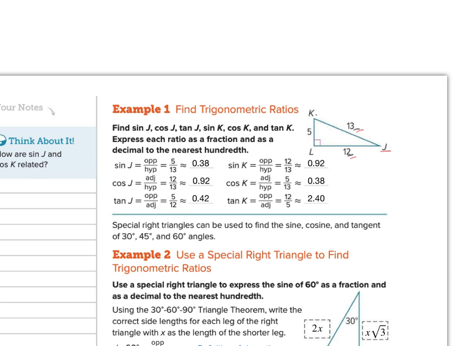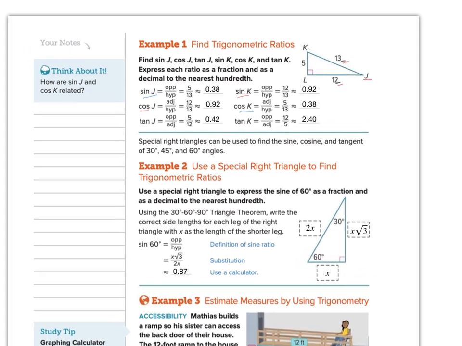So they're actually using the same sides. Those are called complements because they have the same ratios. The sine of one acute angle is equal to the cosine of the other acute angle, and the same goes for the other angle. So just something we'll see more of in practice.